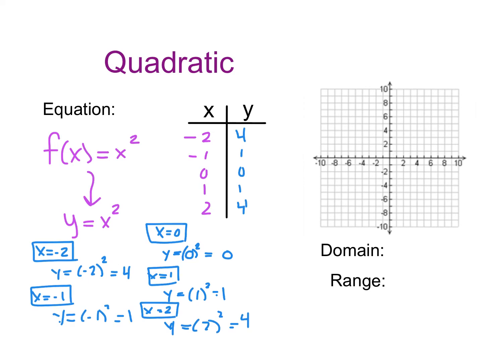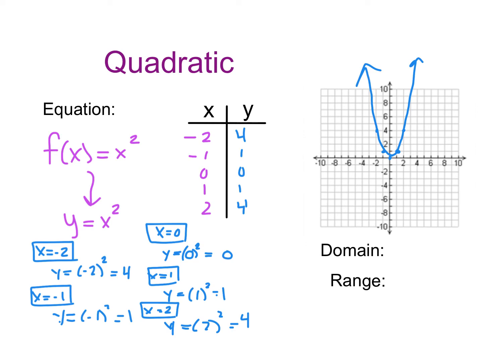So then from here, I go over and I plot those points. So x is negative 2, y is 4; x is negative 1, y is 1; (0, 0); (1, 1); and (2, 4). So from here, I can draw my graph. And I can see that I have that general U-shaped graph.